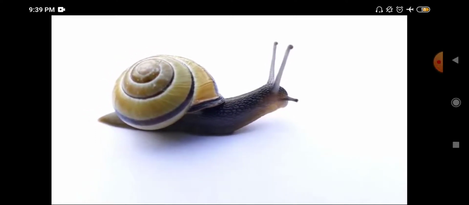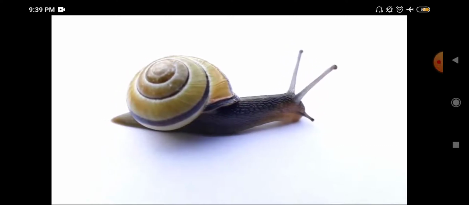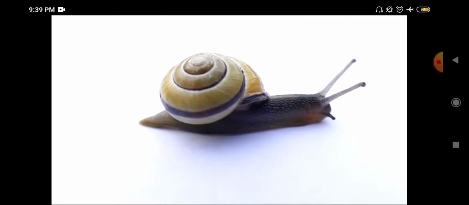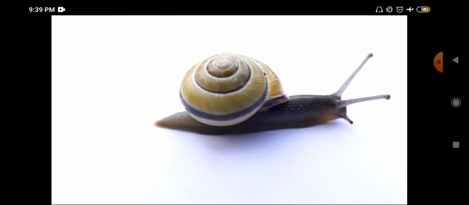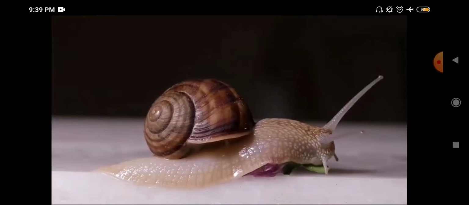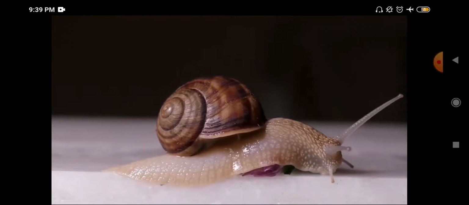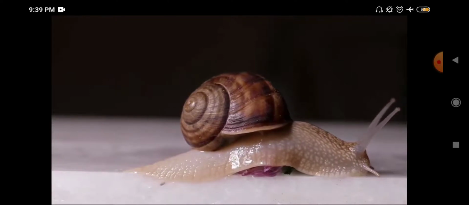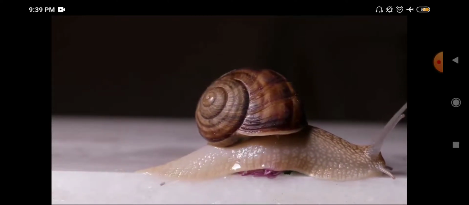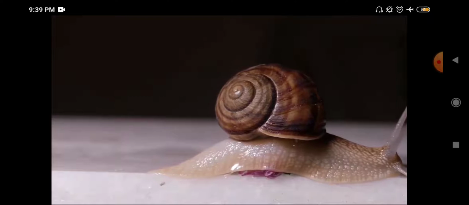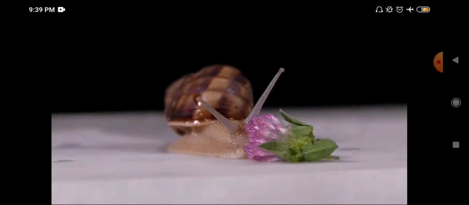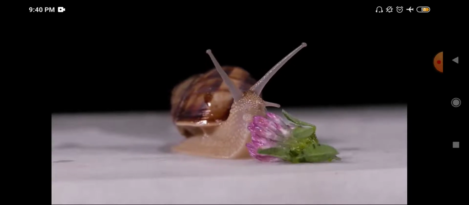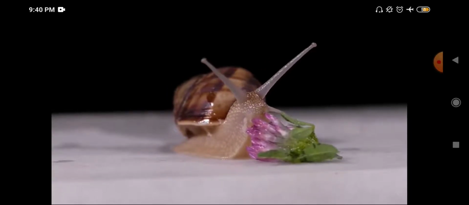You must remember that a snail produces a slimy liquid or fluid. This fluid helps the snail in easily gliding over any surface, even on the sharp edge of a knife or a blade. A snail can easily glide through it, or you can say crawl through it, without getting any cut or injury.